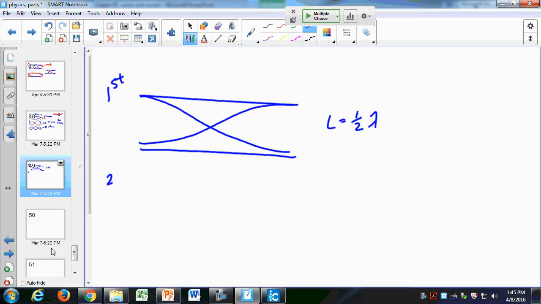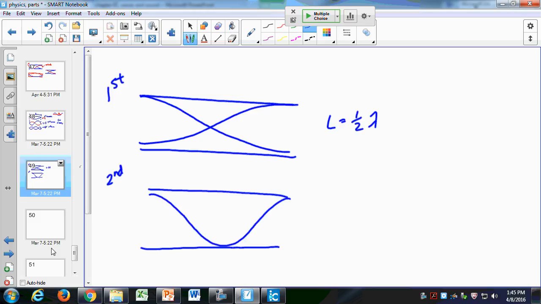For my second harmonic, on the previous one we had what? Full wavelength, is that right? We can have a full wavelength here as well, but it's going to look a little bit different because I have antinodes at either end.